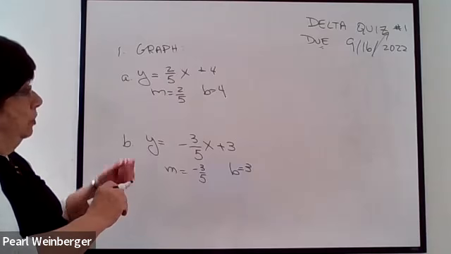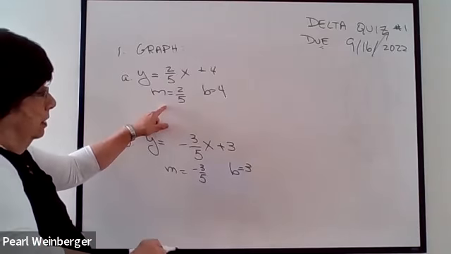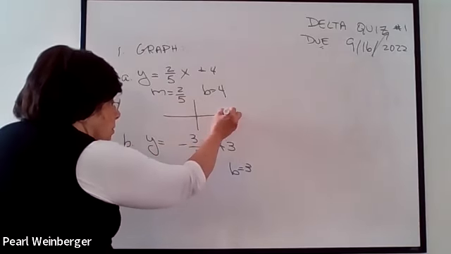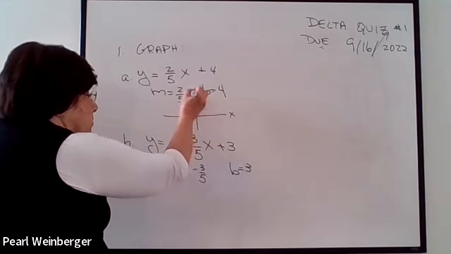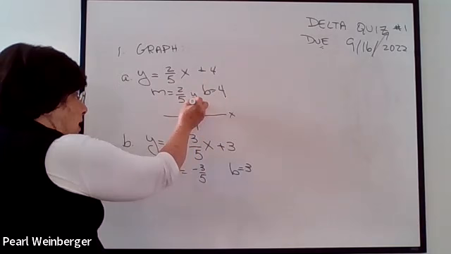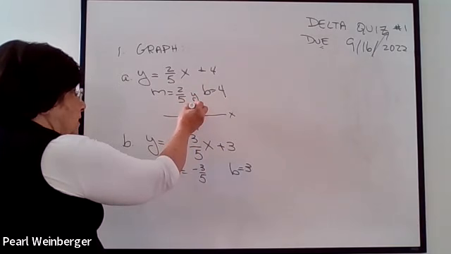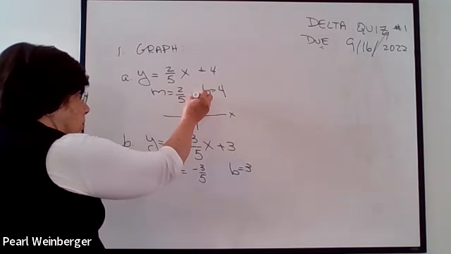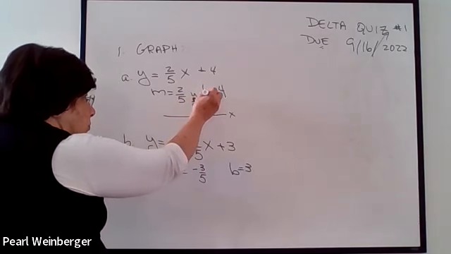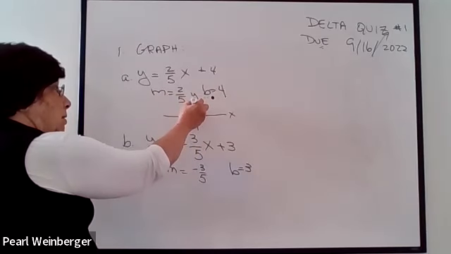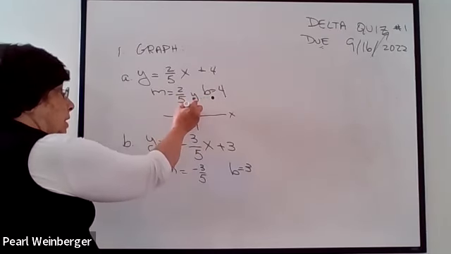And if we were to draw this line, just doing a little picture right over here, just reminding us, we'd start at 4 on the y-axis, and then we would go up 2 and 5 to the right. Or conversely, we would go down 2 and 5 to the left.